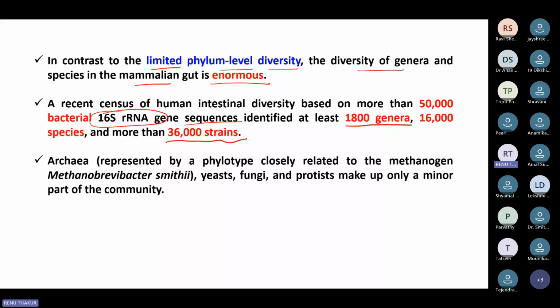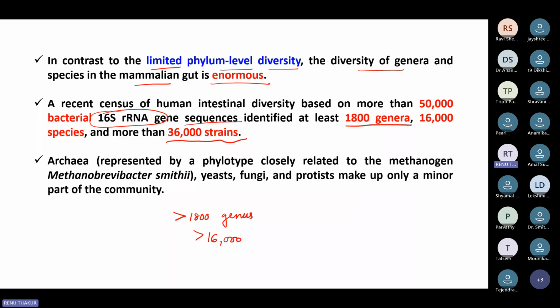It is very huge in number. Only genera we are talking about is more than 1800, and species more than 16,000. You can't even imagine how huge this is.